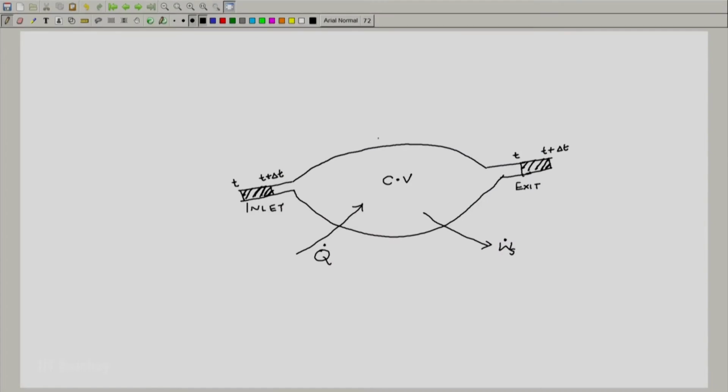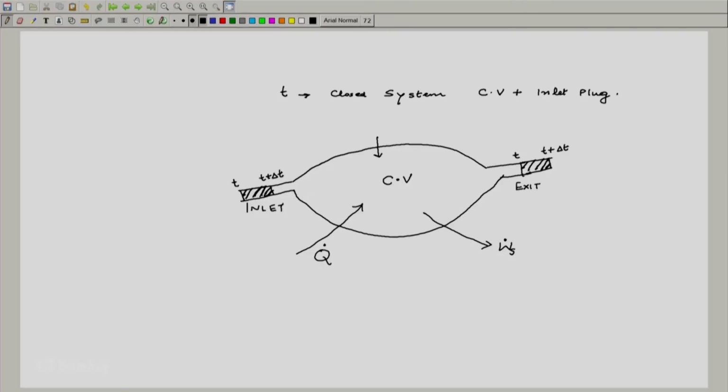This unshaded part is the control volume, and at time t I will take the closed system to include the CV, that is the control volume, plus the inlet plug.